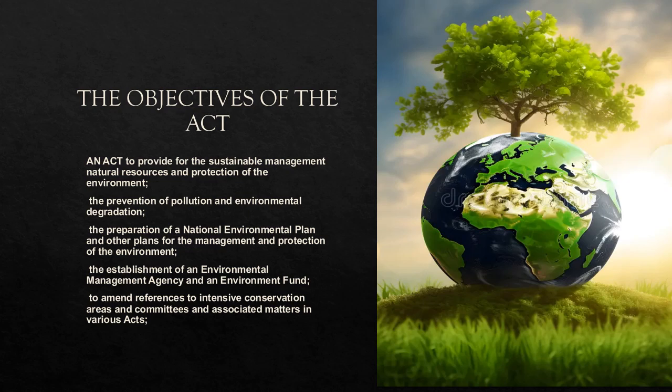And we see from infrastructural development, from mining activities, from the creation of industries and so forth, there are different mechanisms that are put in place by this Act to ensure environmental protection. And we're going to look at those mechanisms, and there are different agencies and institutions that are put in place to ensure environmental protection. Also, another objective of the Act is to prevent pollution and environmental degradation.